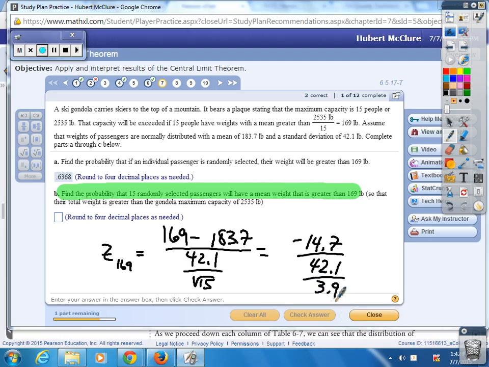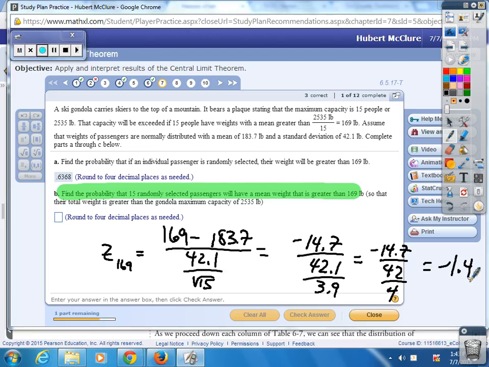Somebody check me, what is it? Because the square root of 16 is 4. So negative 14.7 divided by 42 over 4. I'd say it's around negative 1.47.